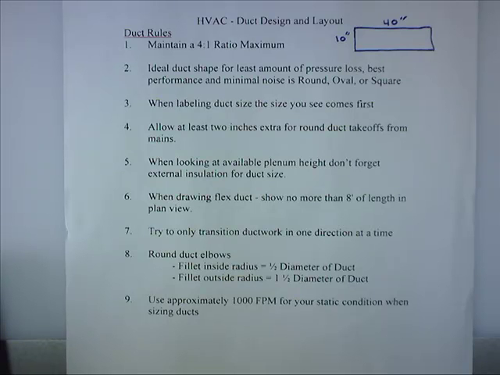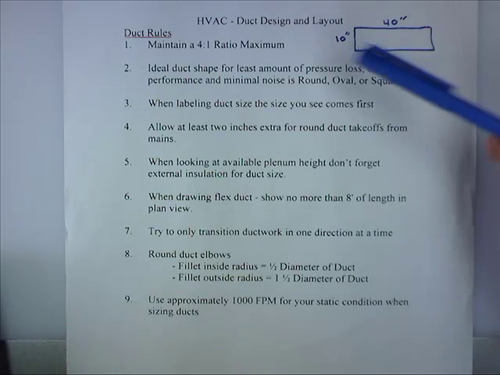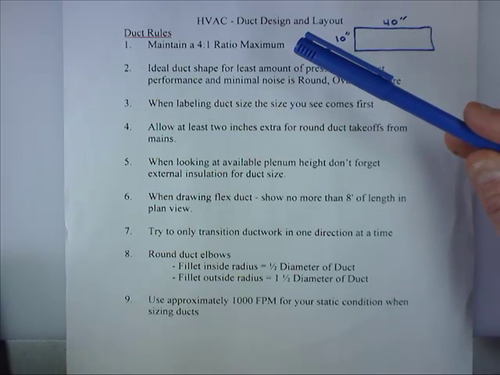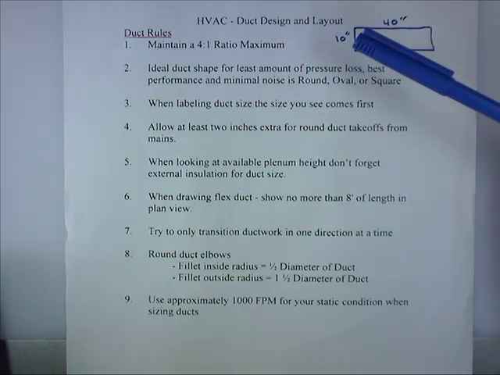The third is square. And the further you get away from square, the worse the system performs, the more pressure there is. So you want to try to stay as square as possible. So we're going to do that by saying that we don't want to go any more than a 4:1 ratio. Obviously, square would be a 1:1 ratio.